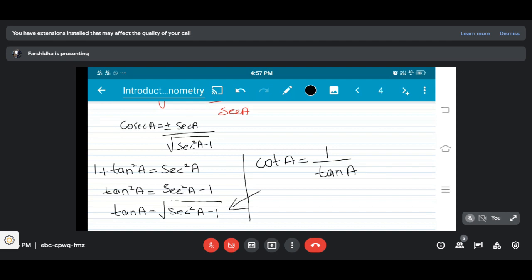Tan A is equal to root of sec square A minus 1 here. Therefore, cot A is equal to 1 by tan A, so 1 by root of sec square A minus 1.